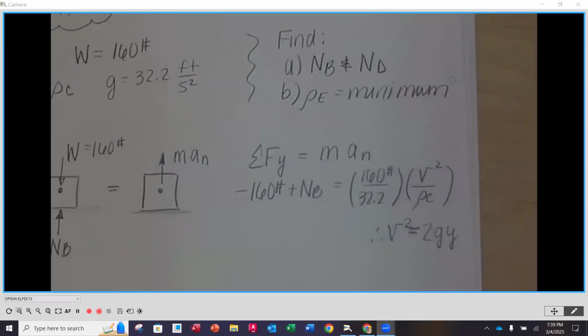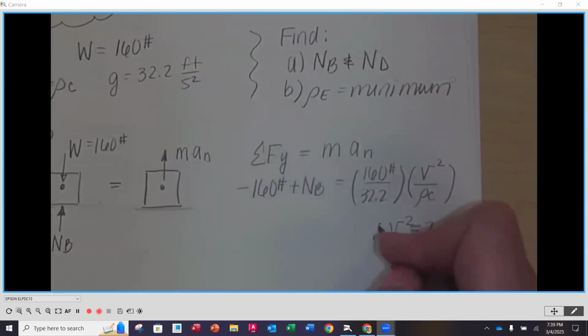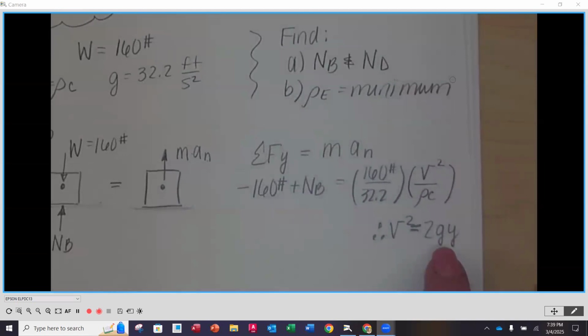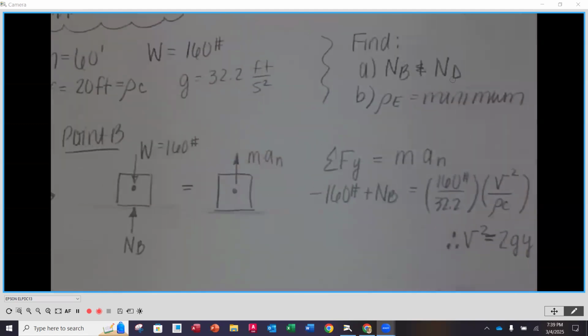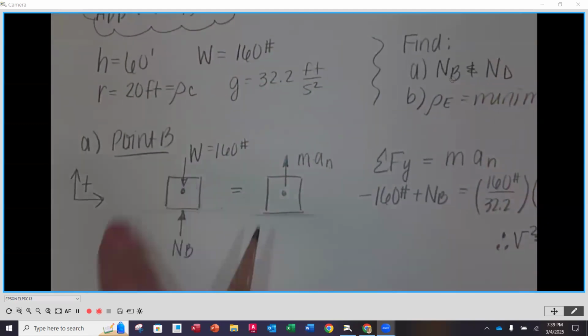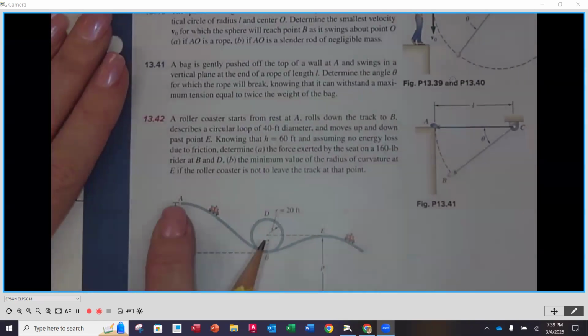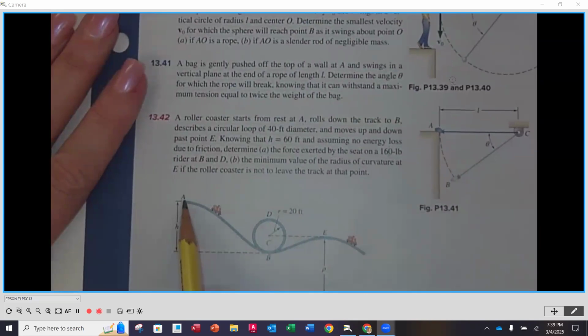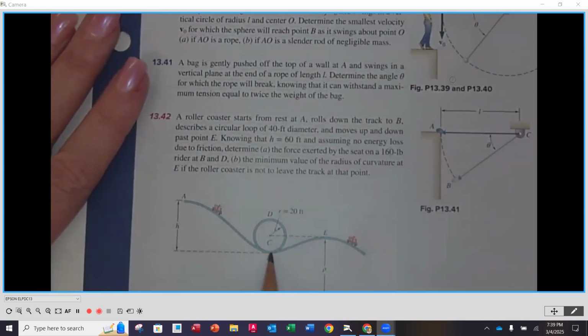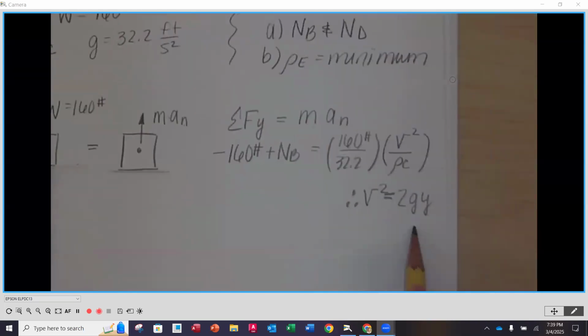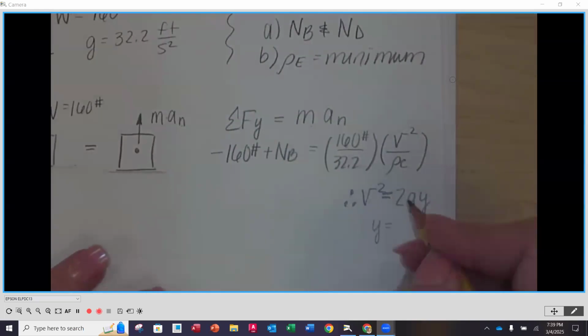Now, that y distance is going to be the distance that the point we're looking at, B, is from where we started. So we look here at A, the distance that we go down to get to B is going to be the full height. That's going to be 60. So in this case, y is equal to 60 feet. Okay, so we're going to use that value up here.